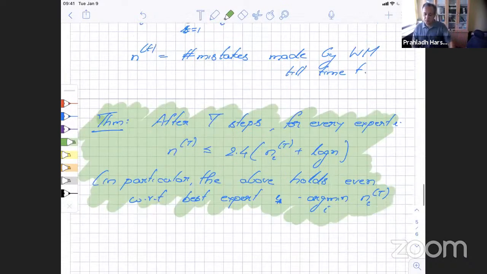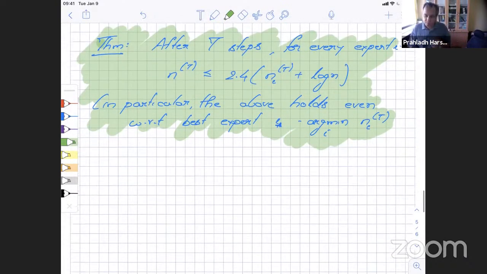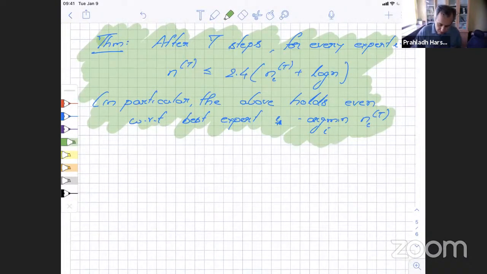Okay, this is the magic in these proofs: all of these proofs will go via a potential function argument.